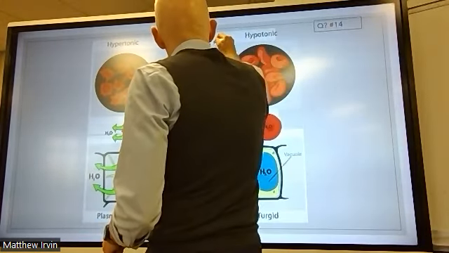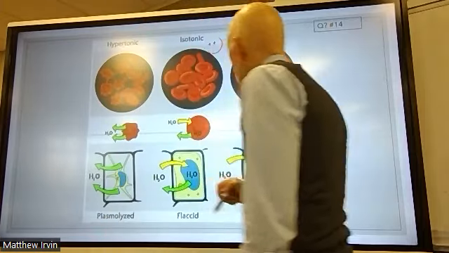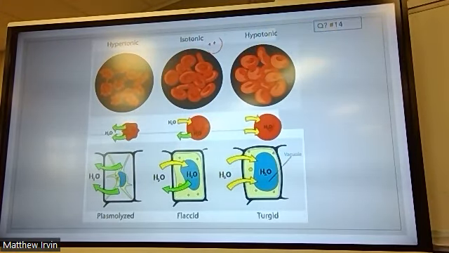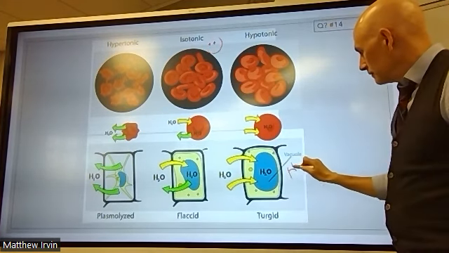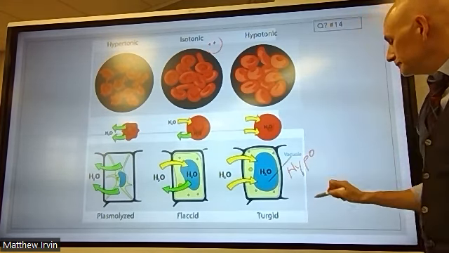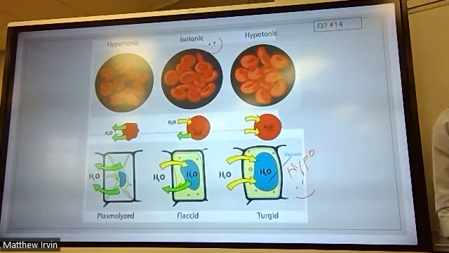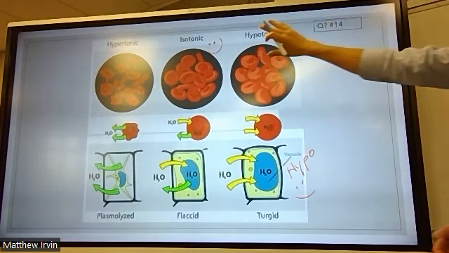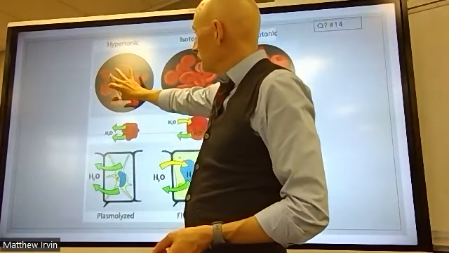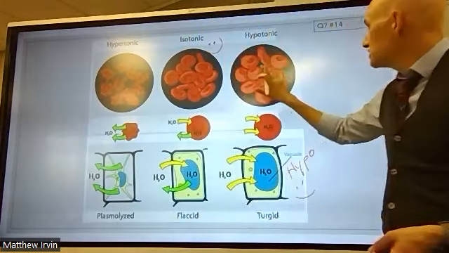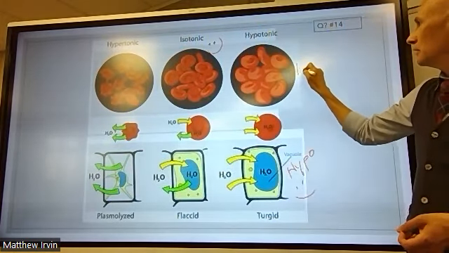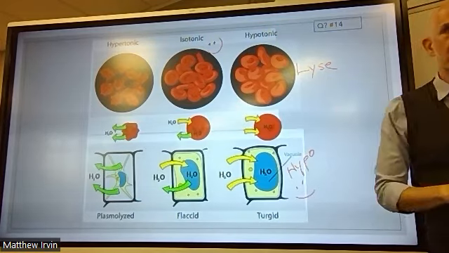So yay, good, happy cell if you are animal, isotonic, but if you are a plant cell, you want hypotonic. And that will make the water flow in and give you that turgid support. Hyper is bad for both because it's going to draw out the water. This will shrivel the cells or crenate them. And then potentially here in hypotonic, these could lyse and burst.